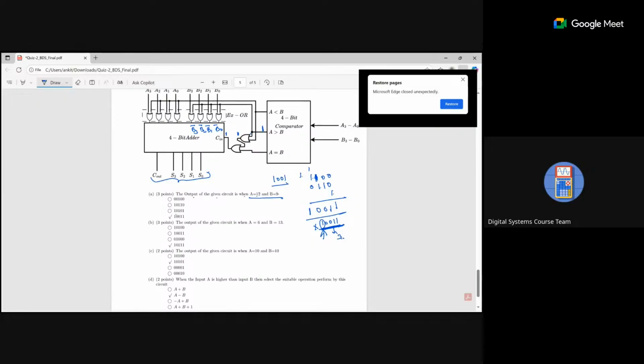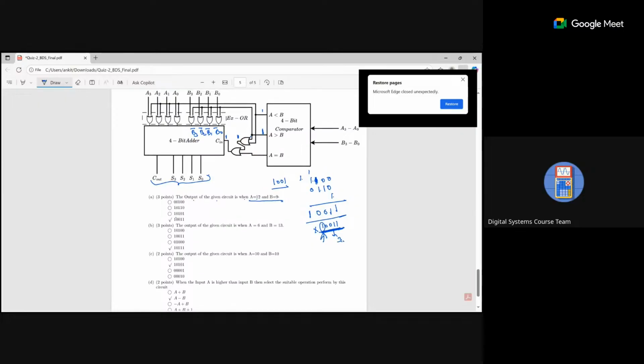Now when A is less than B, that means this becomes 0 and this becomes 1. Again it goes to the XOR, so we are getting A0 bar, A1 bar, A2 bar, and A3 bar, and simply B, not B bar. So B is 13, 1101. A is 6, 0110, but it is complemented, so we take 1001.